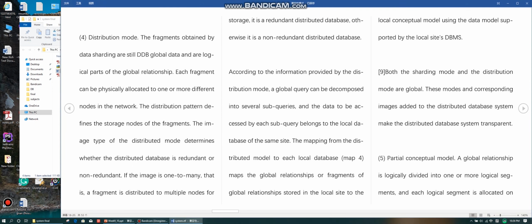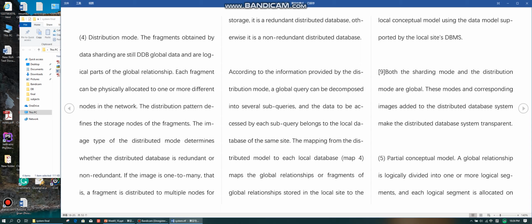And also the distribution model. The fragments obtained by data sharding are still DDB global data and are logical parts of the global relationship. Each fragment can be physically allocated to one or more different nodes in the network. The distribution pattern defines the storage nodes of the fragments.